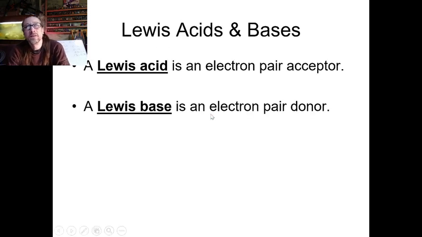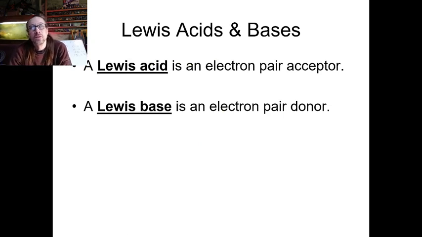Lewis acid. Here's where we need to talk about Lewis dot structures. To identify a Lewis acid, you have to see if it has the ability to accept a lone pair. These are usually going to be positively charged ions, or things that have room around that central atom for another bond to exist.